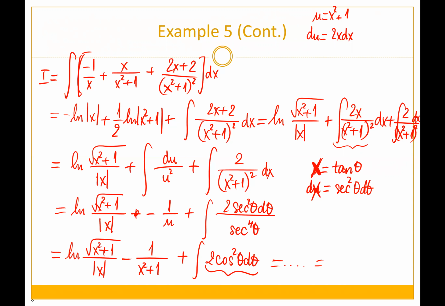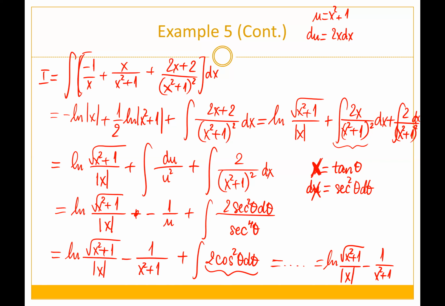And so what I have is that I'm going to have ln of square root x squared plus 1 over absolute value of x minus 1 over x squared plus 1. And so this is 2 over secant square.